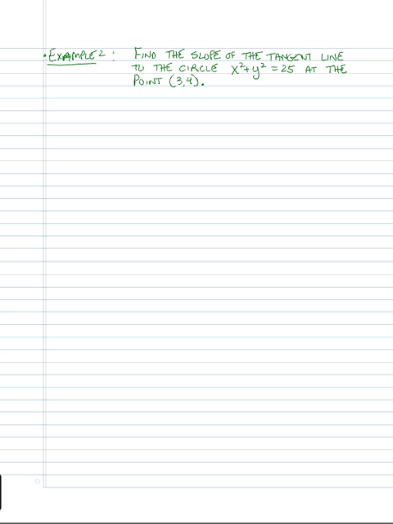Now, we don't really need any geometry here to do this problem, but let me remind you that the equation of a circle is normally of the form x minus h, the quantity squared, plus y minus k, the quantity squared.